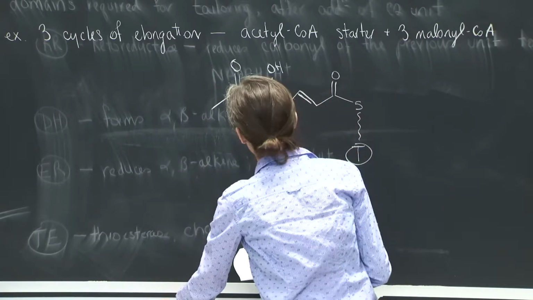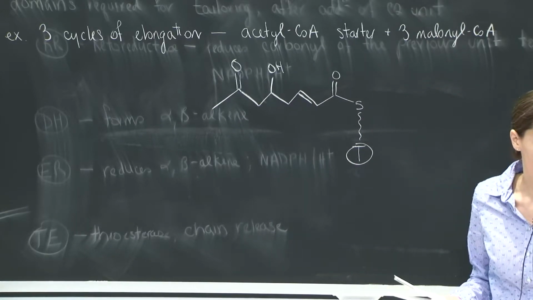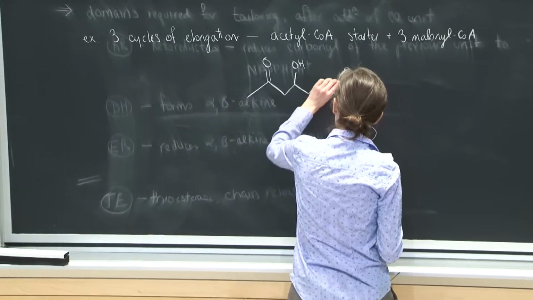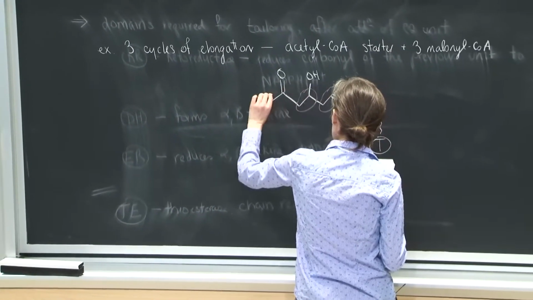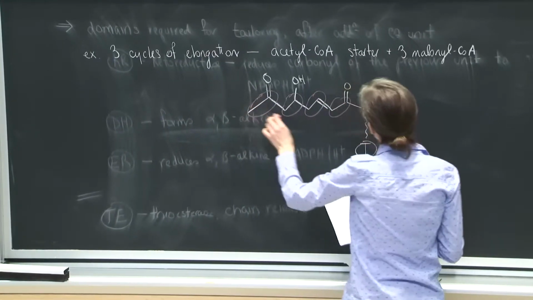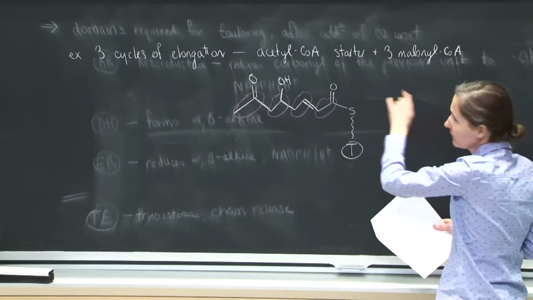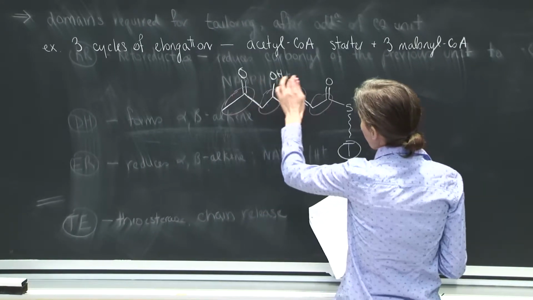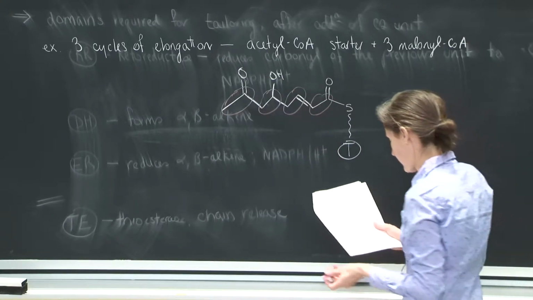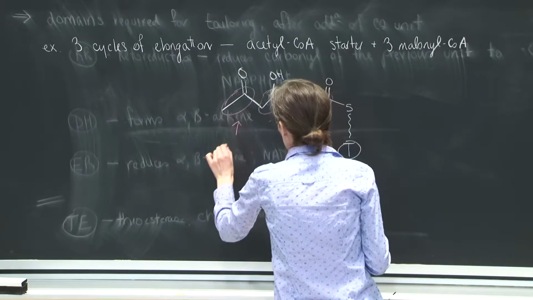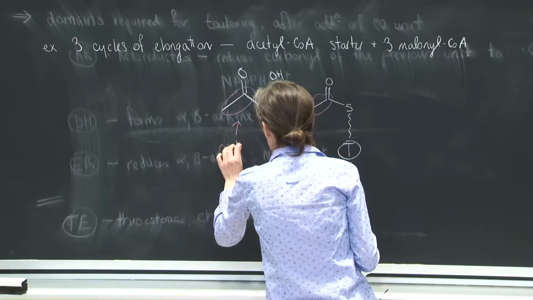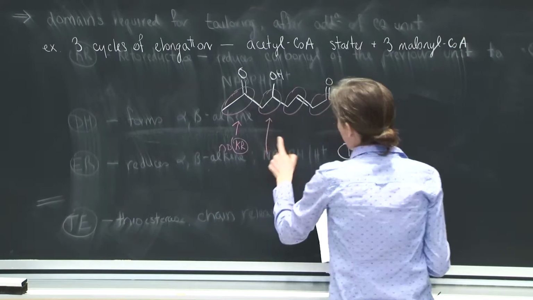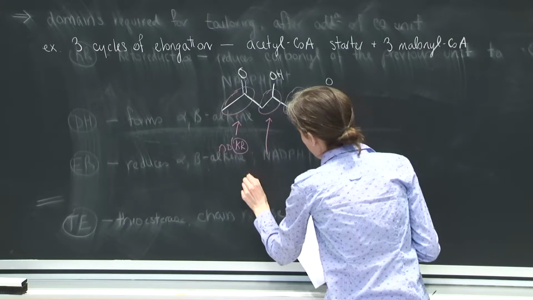What do we see? Right, so 2 carbons are added during each elongation cycle to the chain here. And we can see those here, here, here, and here. Okay. So a total of 4 C2 units, 1 from the starter, and then 3 from these 3 extenders, right? And then we can look at what the functional group status is and say, okay, well here we have no ketoreductase. And here there was ketoreductase action, but there's no dehydratase.